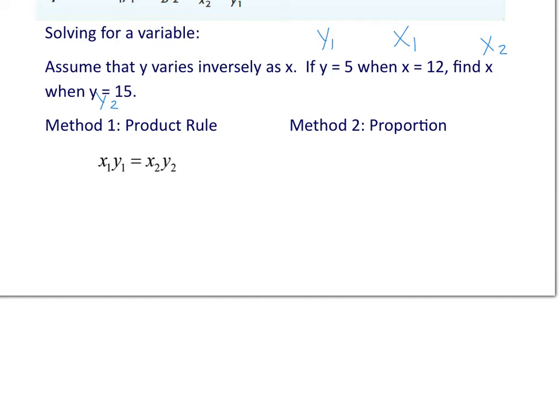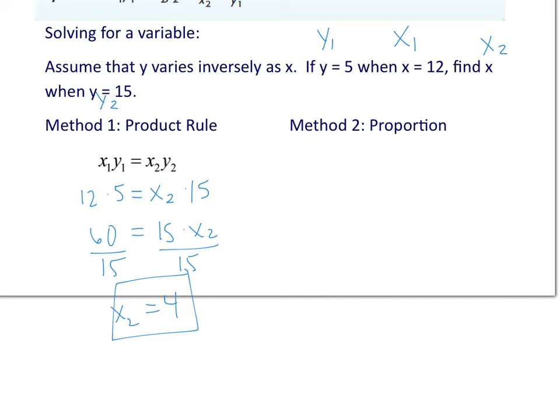So now let's plug these into our product rule. I have x sub 1 is 12 times our y sub 1, which is 5, and that's got to be equal to x sub 2 times 15. Now 12 times 5 is 60, equals 15 times x sub 2, divided by 15. 60 divided by 15 is 4, so here x sub 2 would equal 4.